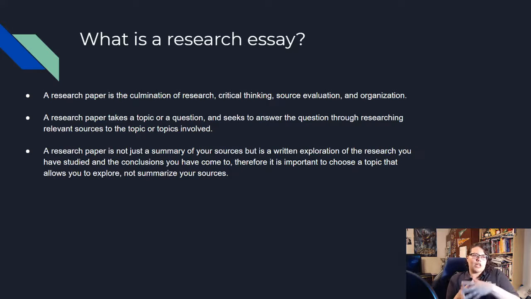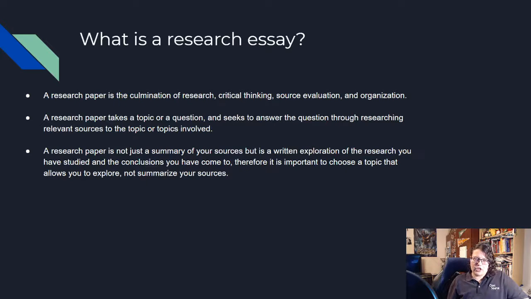Now, a research essay or a research paper is the culmination of research, critical thinking, source evaluation, and organization. Specifically, it's the culmination of research done on the topic. The writer will also be using critical thinking skills in order to apply that research to the question being presented.